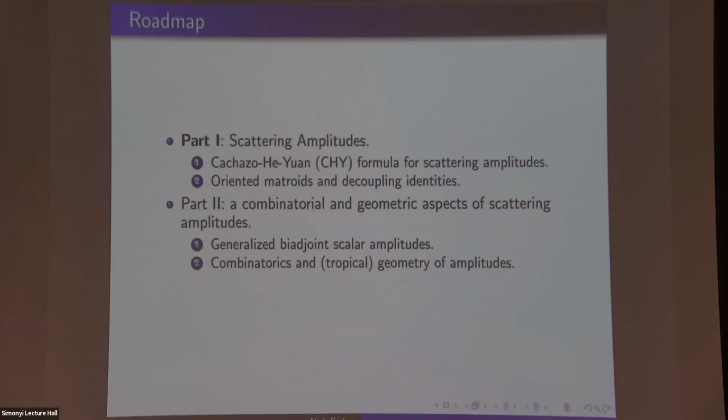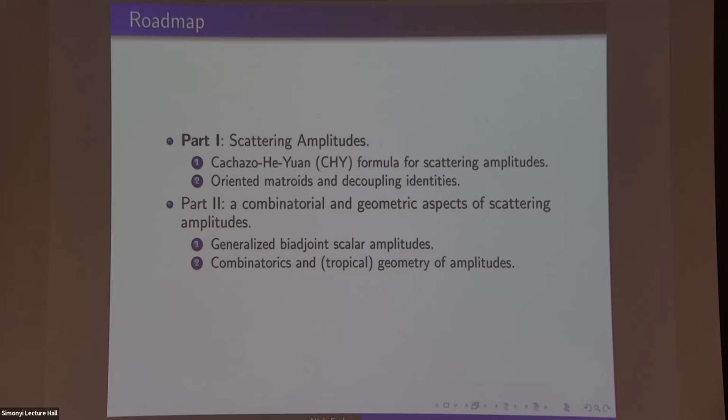Okay, so roadmap for the talk. So we saw the Feynman diagram prescription for computing scattering amplitudes, but also in 2013 to 2014, three physicists, Cachazo, He, and Yuan, introduced a novel formula for computing these amplitudes.